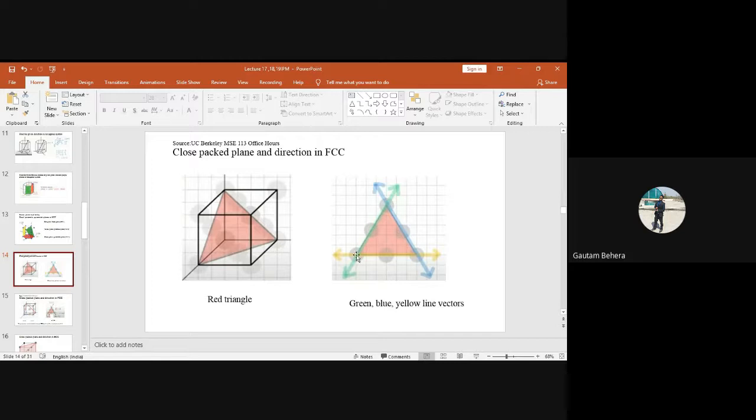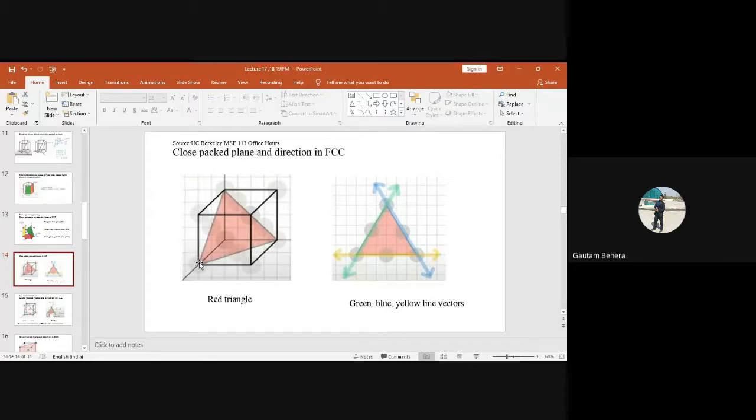Okay, anyways, just have a look. Can you quickly tell me what is the Miller indices of this direction? What is the Miller indices of this direction, which is represented in the green color, right?